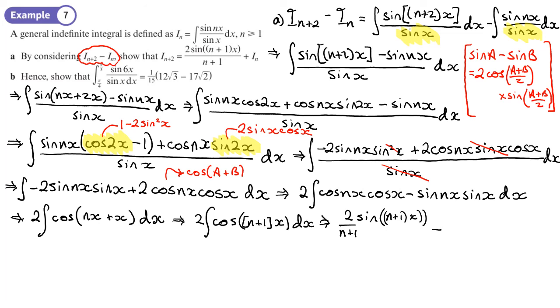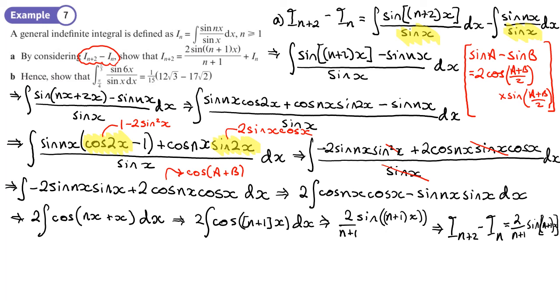Now remember, ages ago what we said is that this is actually I sub n plus 2 minus I sub n, which is equal to what we've just written there. So 2 over n plus 1 times sine of (n plus 1) times x. I need another set of brackets there.